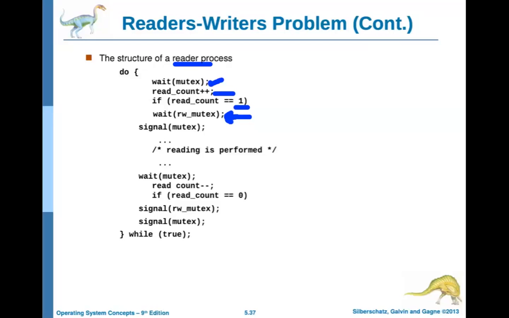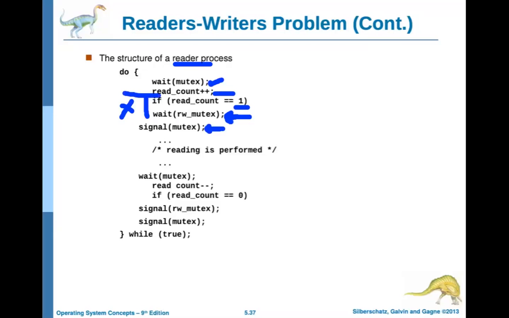So if this condition is false, what is the meaning? Read count is definitely greater than 1. And if the read count is greater than 1, that means already somebody is reading. If already somebody is reading, signal mutex, because updating of the read count is finished. Now a very important thing: wait on mutex, read count plus plus. Why is signal not used immediately after updating read count?